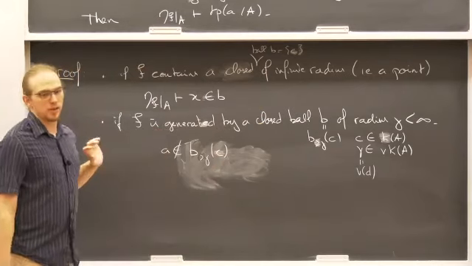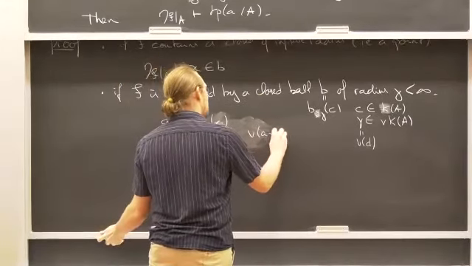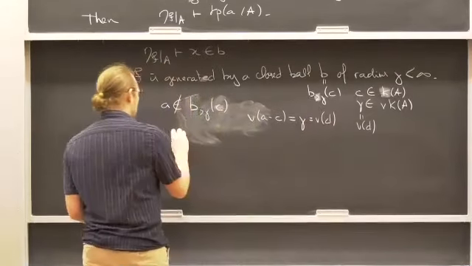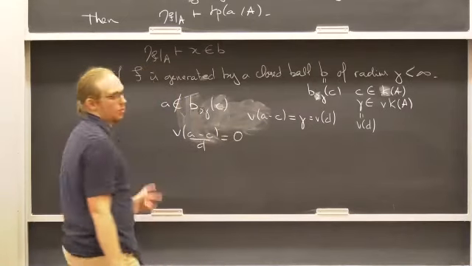So A cannot be in this open ball, which exactly means that V of A minus C is equal to gamma, which is V of D, which tells us that V of A minus C over D, which was the thing I wrote earlier, is 0.